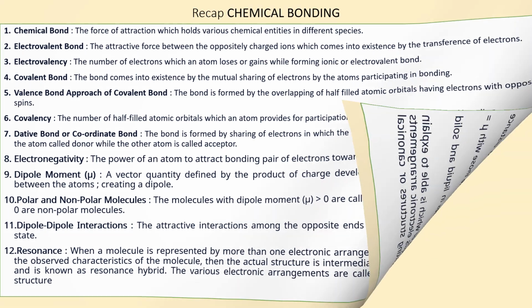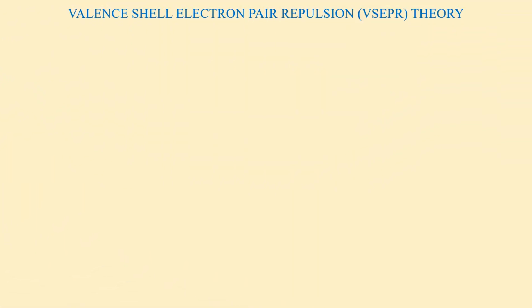The Lewis concept is unable to explain the shapes of molecules. This theory provides a simple procedure to predict the shapes of covalent molecules.